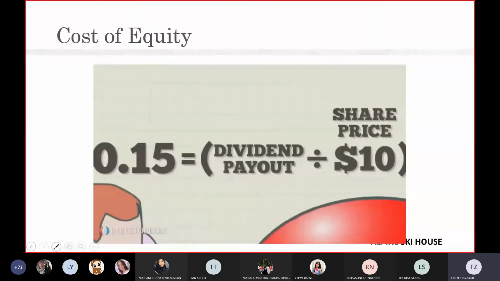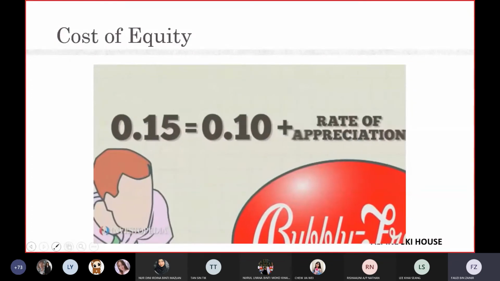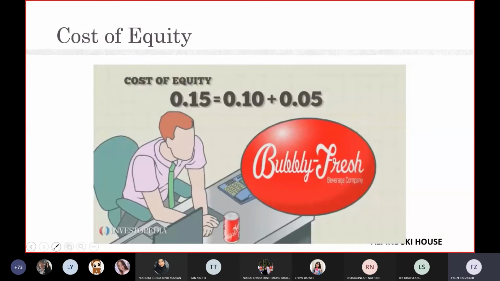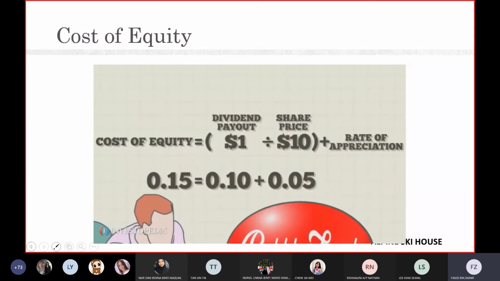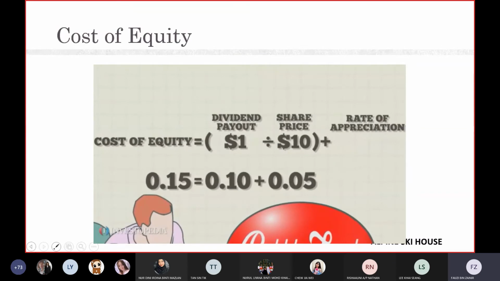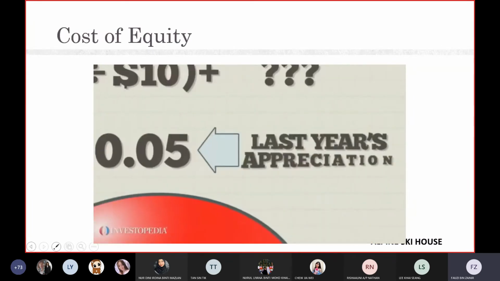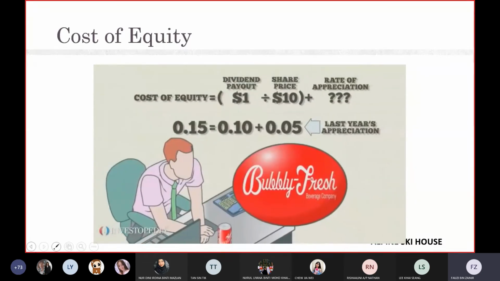With an estimated annual dividend of $1 per share, or 10% of the purchase price, the stock will need to appreciate by 5% a year in order to meet his cost of equity criteria. Of course, the challenge is that an investor can never predict the exact return of a stock ahead of time. The best they can do is provide an educated guess based on past financial performance, overall economic trends, and other factors.